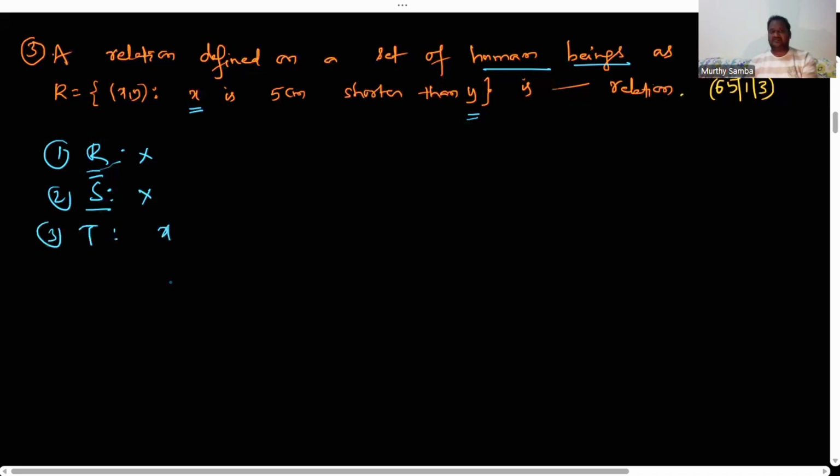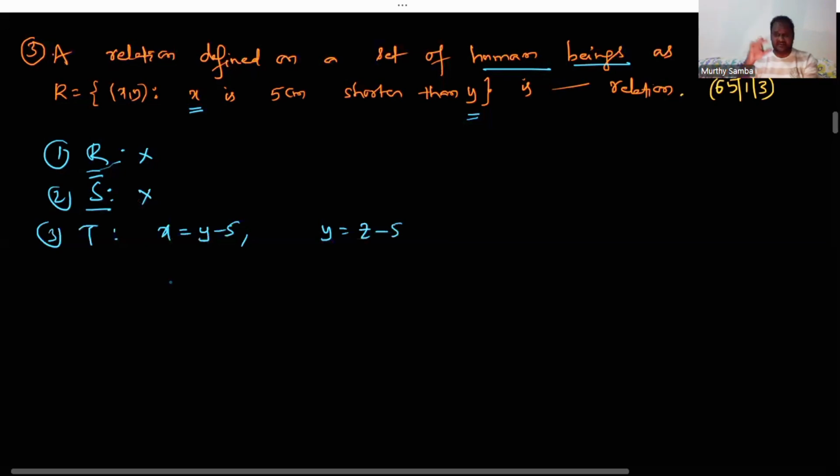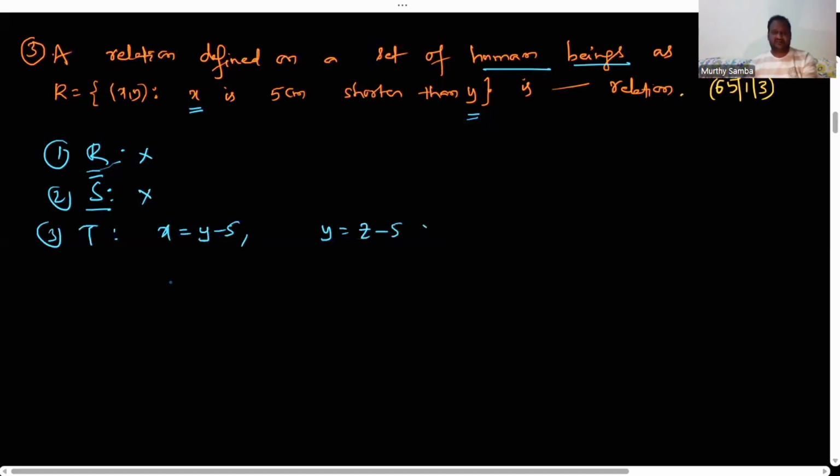Suppose X is 5 centimeters shorter than Y, meaning X = Y - 5, and taking one more person Z, Y is 5 centimeters shorter than Z. Then what about X and Z? X is 10 centimeters shorter than Z, not 5 centimeters, right? Therefore, it is not a transitive relation either. So it is neither reflexive, nor symmetric, nor transitive, right?